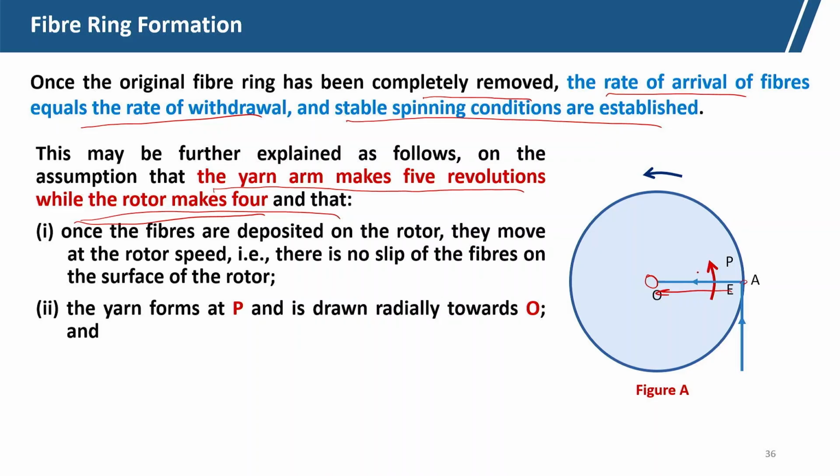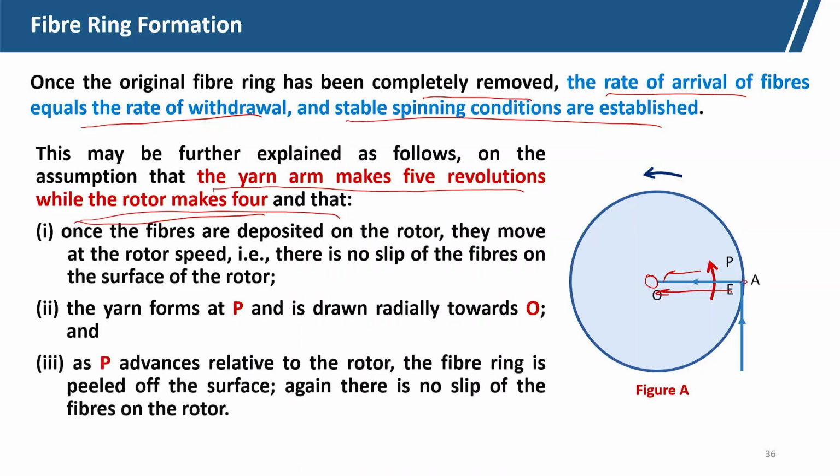So, the yarn moves towards the center, and P advances relative to the rotor. The rotor will be moving, but P will advance because of the withdrawal. Again, there is no slip.